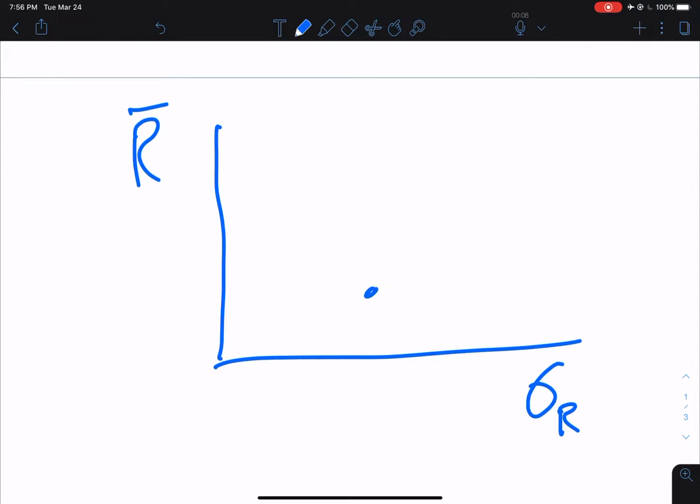And there's X, and there's Y. Assuming that our condition holds, that the correlation coefficient between the returns of X and Y is less than the ratio of sigma X over sigma Y, then we get a curve that, quote, bends back. And this is the feasible set.